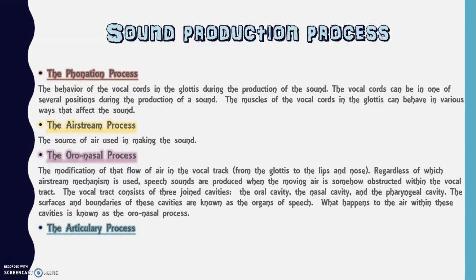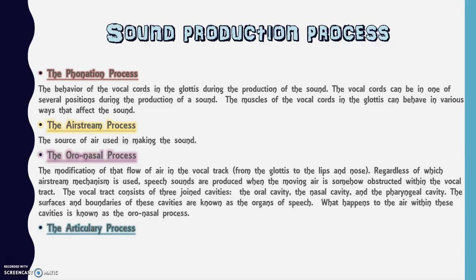And next is the oronasal process. The oronasal process is the modification of the flow of air in the vocal tract from the glottis to the lips and nose. Regardless of which airstream mechanism is used, speech sounds are produced when the moving air is somehow obstructed within the vocal tract.